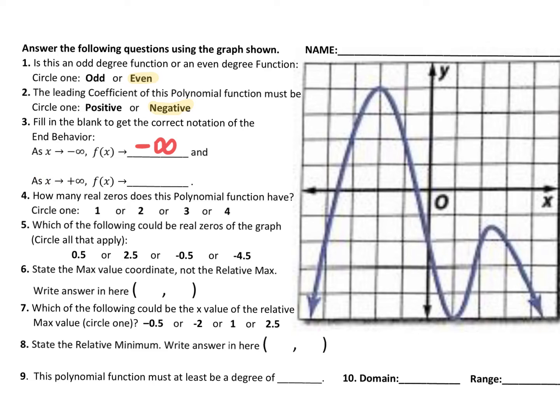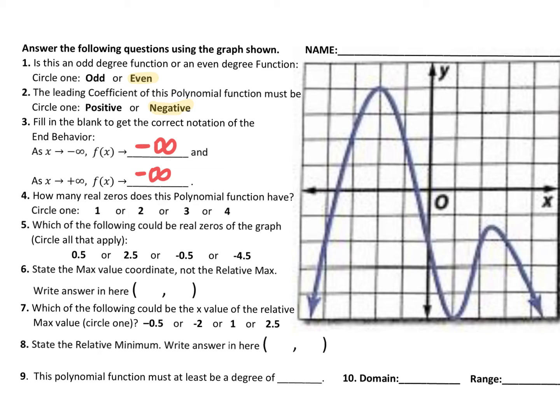And as x approaches positive infinity, here are your x's, positive infinity is this way. Your y values, are they going up or are they going down? They're going down forever. So as x approaches positive infinity, your f of x values are approaching negative infinity. Does that make sense? So we're going to type in a negative infinity right there.